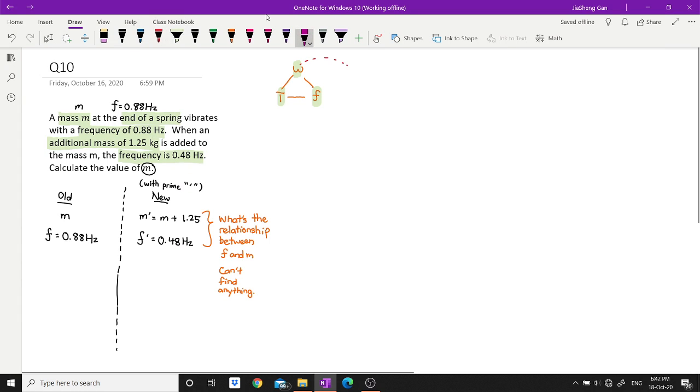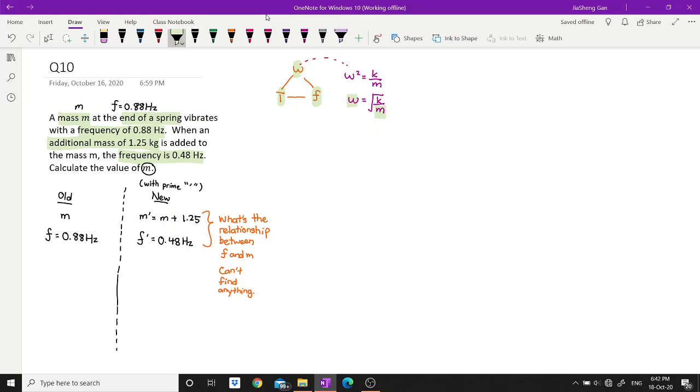It's related by the equation omega squared equals k over m. And rearranging, omega equals the square root of k over m. Now you are able to relate omega and m, which is what you want to find.